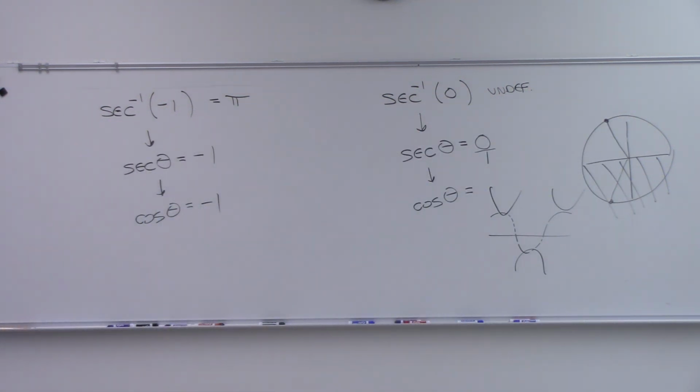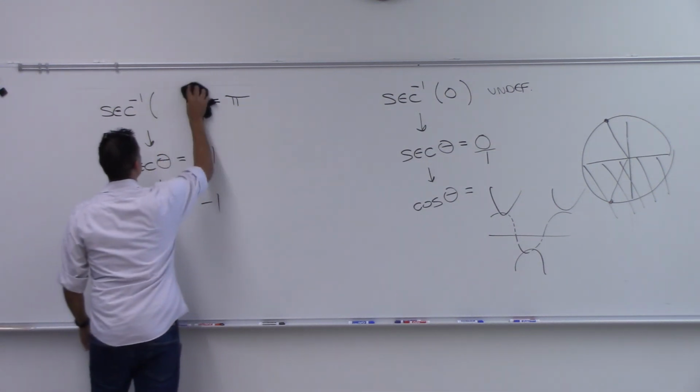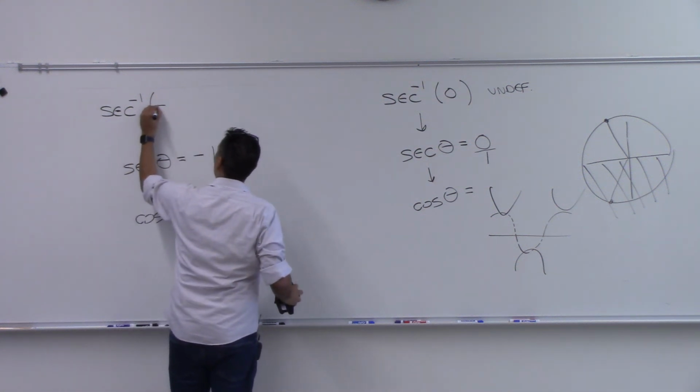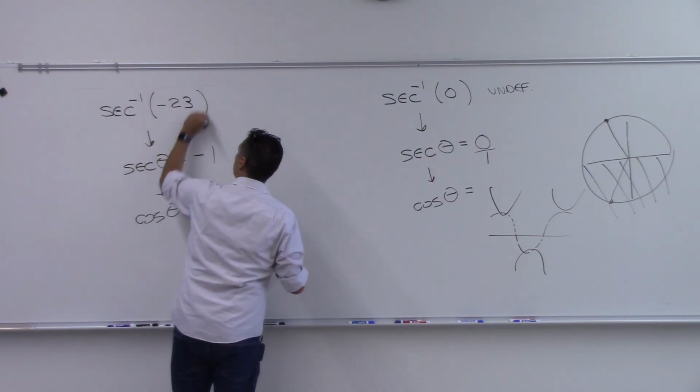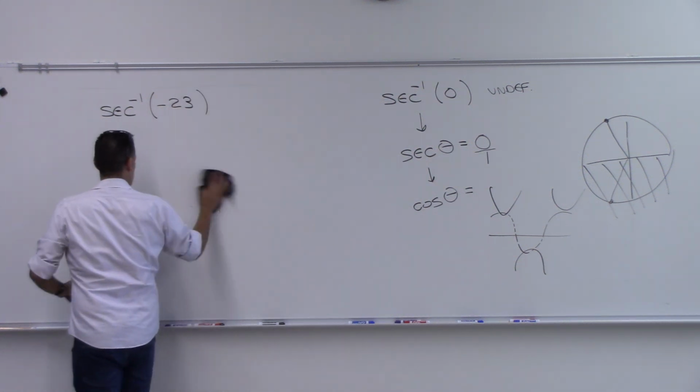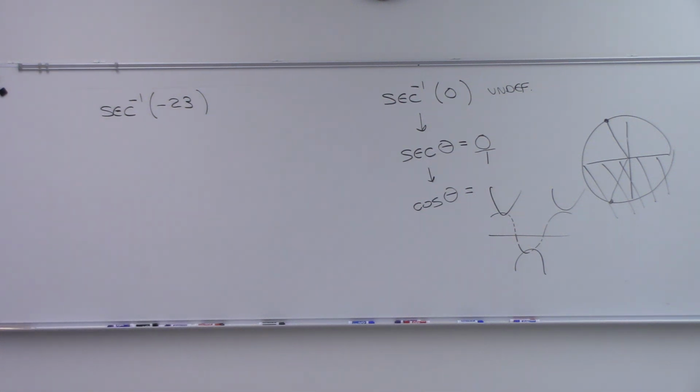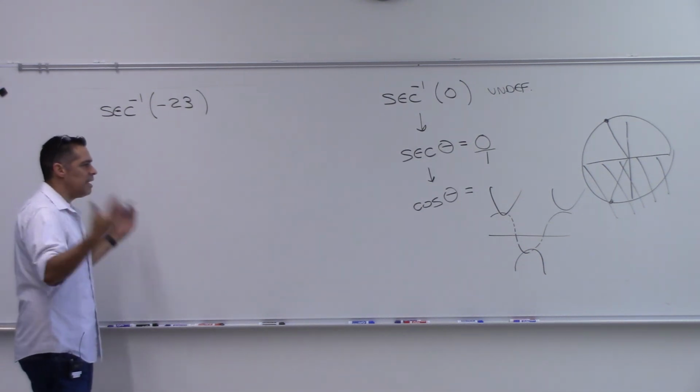Let's try secant inverse of something that we're going to need a calculator for. How about secant inverse of negative 23? I'm just going to keep playing this game.